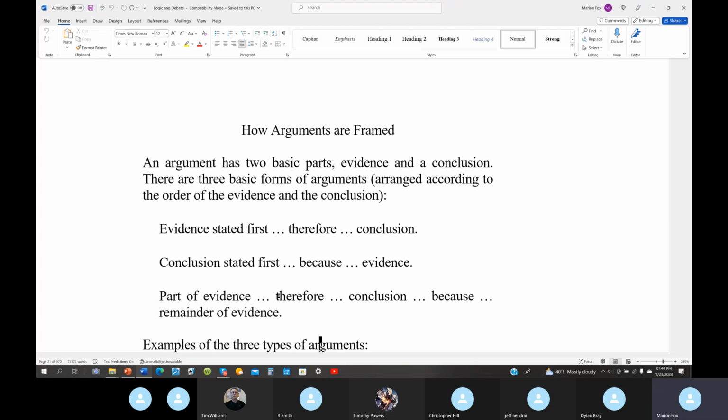We have evidence stated first, we have the word therefore, and then we have a conclusion. We may have the conclusion stated first, and then the word because, and then the evidence last. Or the third one may have part of the evidence, and then therefore a conclusion, and then some more evidence. These are your three basic forms you see them in.